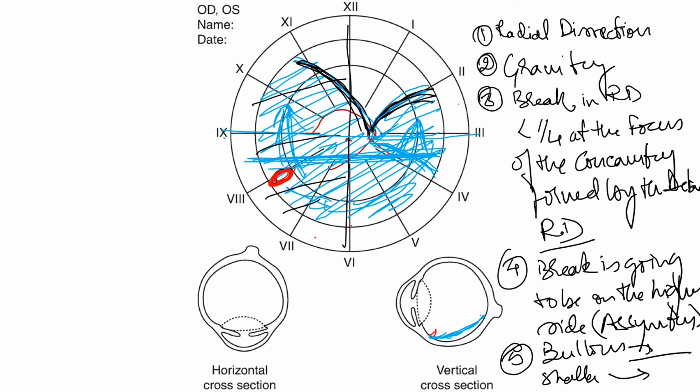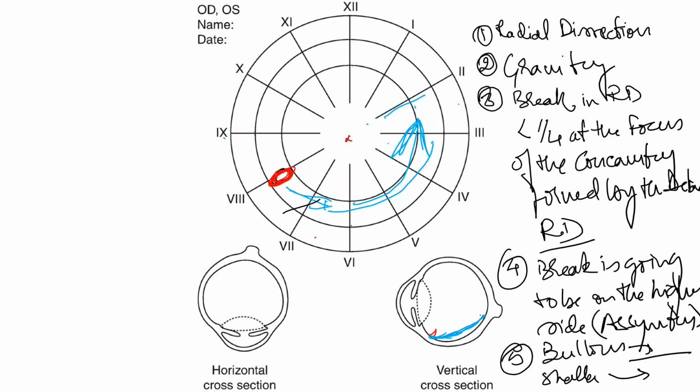One thing more which I want to add here is that usually retinal breaks which are atrophic holes will have slow progression and may not be so bullous at presentation.